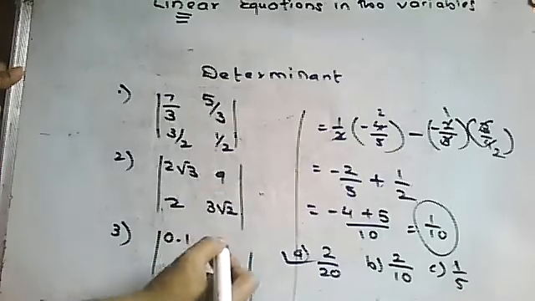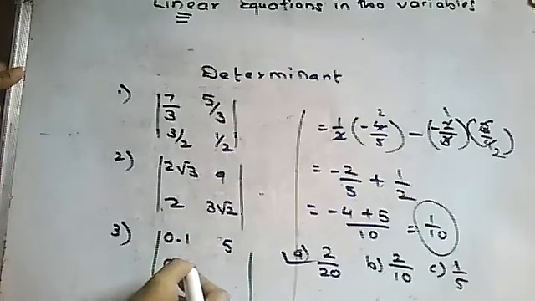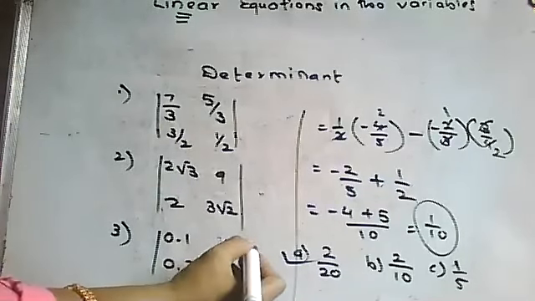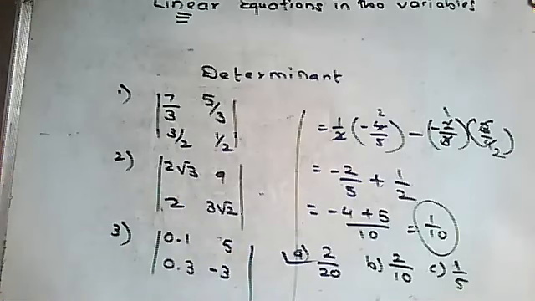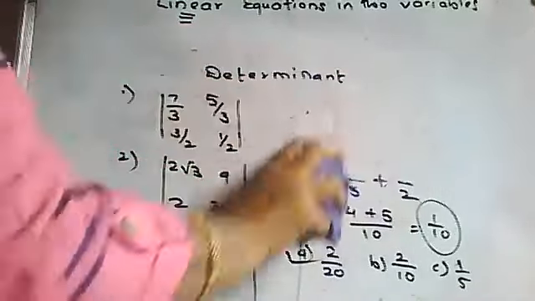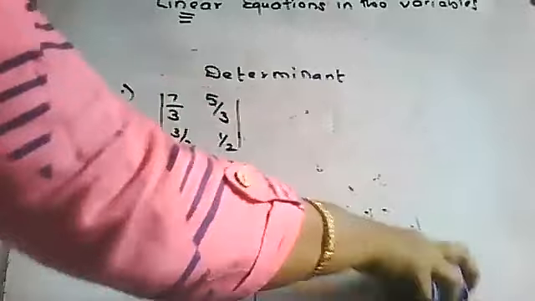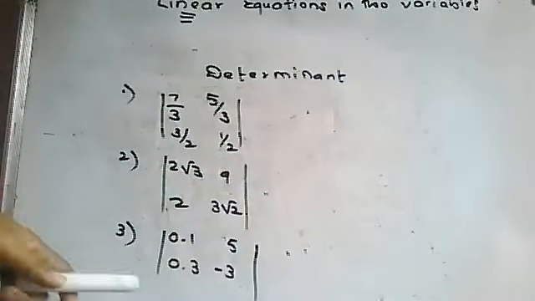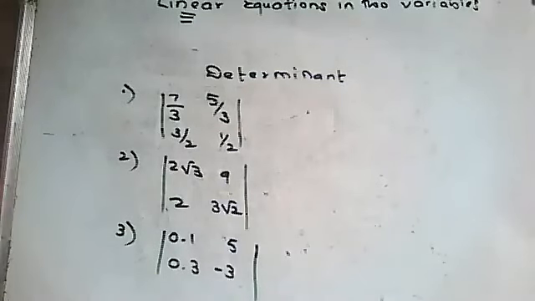It can be 0.1, 5, 0.3, and 3 minus 3. I have given you 3 different sums. Try to solve them. See the sign here only I have put negative, otherwise all positive you can see.